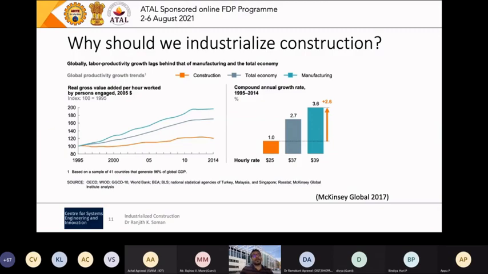Manufacturing almost doubled. Whereas in construction, a mere 3 or 4% increase at most, not much. And if you look at the annual or hourly growth, manufacturing has had a lot of increase, around 3.6 times, whereas construction, not much.